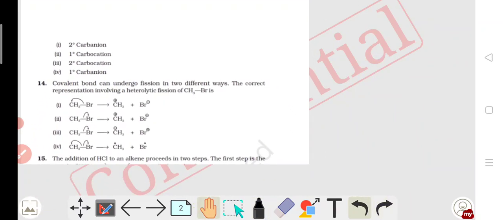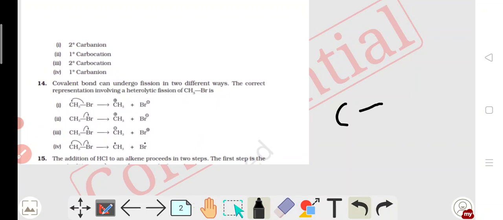The covalent bond can undergo fission in 2 different ways. The correct representation of heterolytic fission. Heterolytic means the covalent bond breaks in an unequal manner, that means one becomes positive, the other negative.